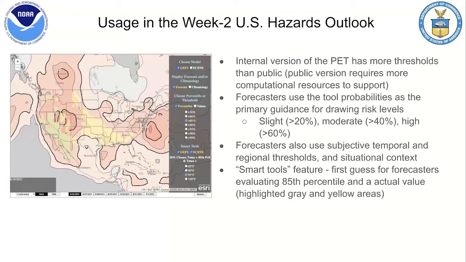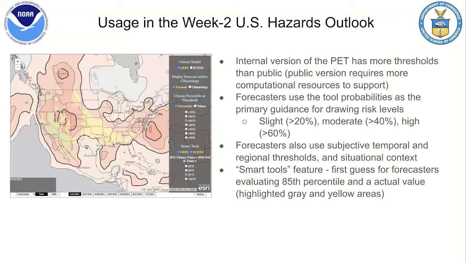So forecasters use these probabilities: greater than 20%, so 20 to 40, would typically be the slight risk, and then between 40 to 60 would be the moderate risk, and then if it exceeds 60%, we would potentially issue a high risk for that hazard. Of course, forecasters also use subjective temporal and regional thresholds, as we mentioned.